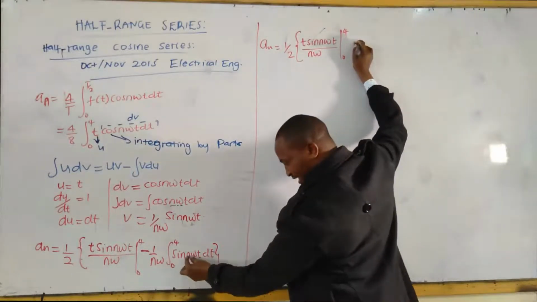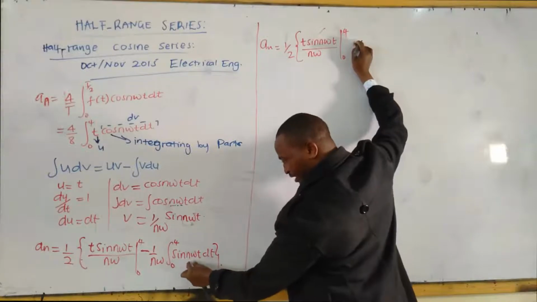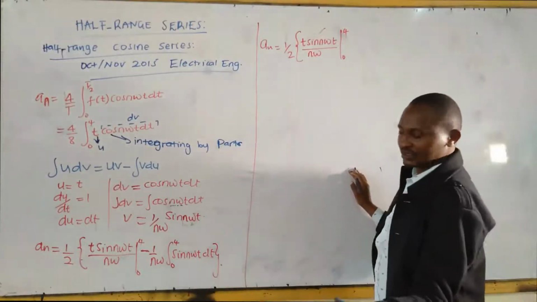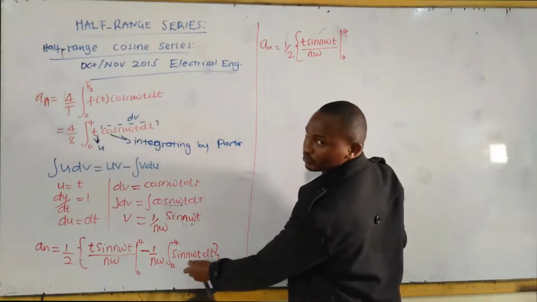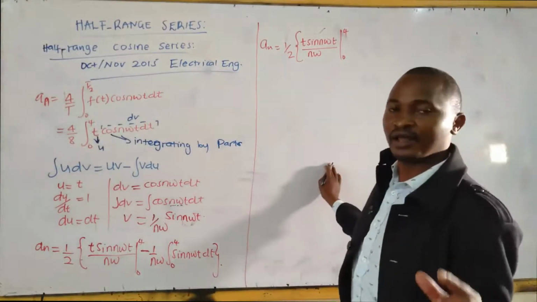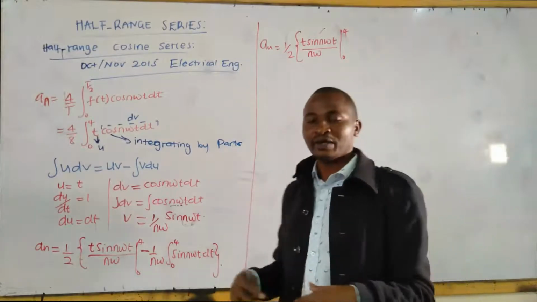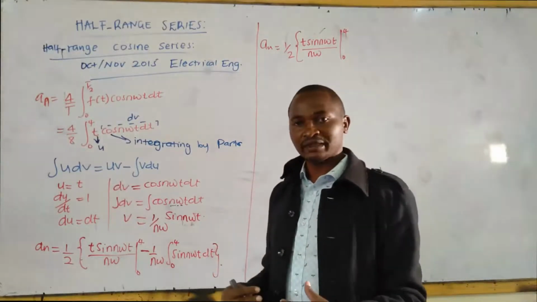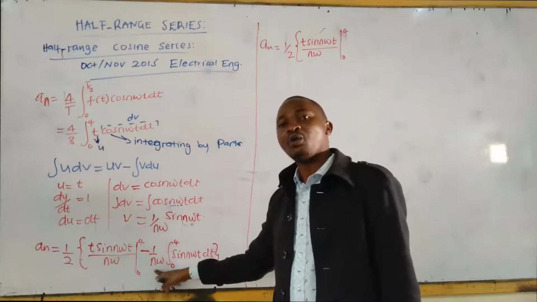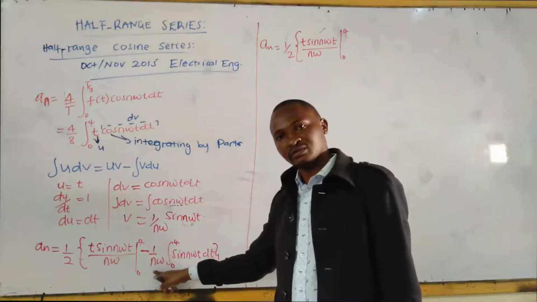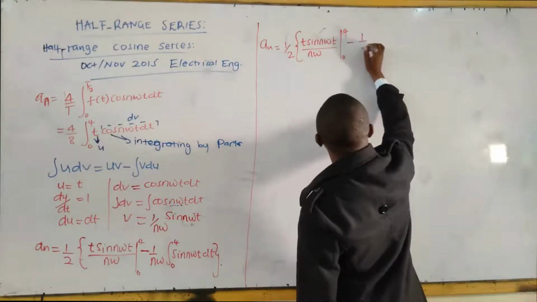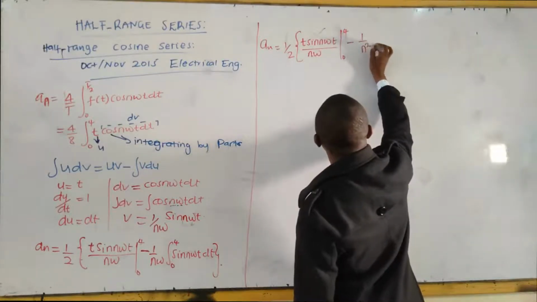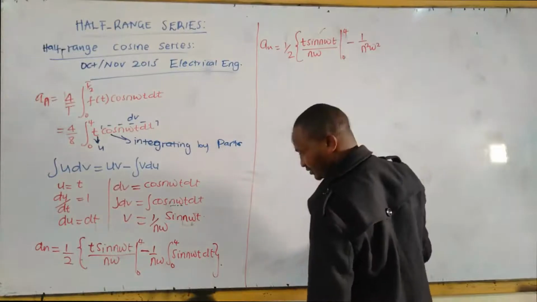When we are integrating sine n omega t, we expect a negative cosine, but n omega is a constant. We are going to multiply with 1 over the constant. If you multiply with 1 over n omega, and there is another 1 over n omega here, you have 1 over n squared omega squared.